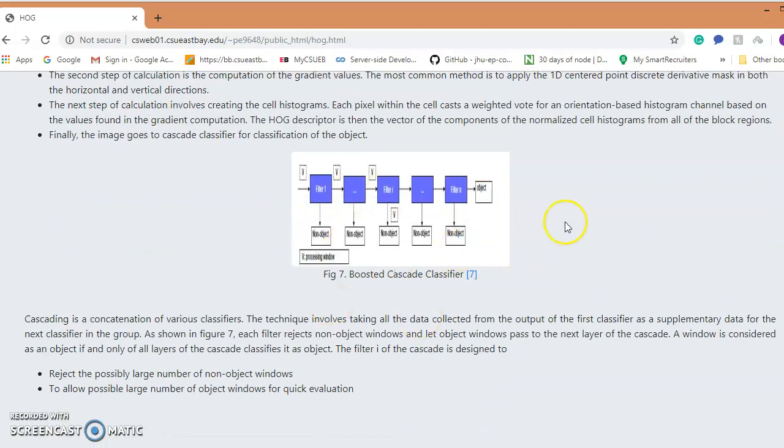So this is the boosted cascade classifier. Basically, cascading is a concatenation of various classifiers. This technique involves taking all collected data from the output of the first classifier as supplementary data for the next classifier in the group.